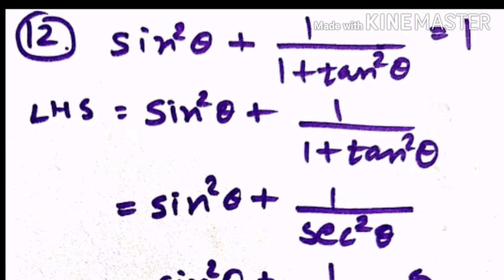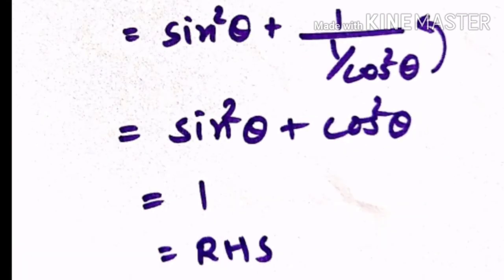You have to check. Now next step I will place the value of sec. Sec is the reciprocal of cos, meaning sec square means 1 by cos square theta. So you can check that I have placed the value of sec square as 1 by cos square.